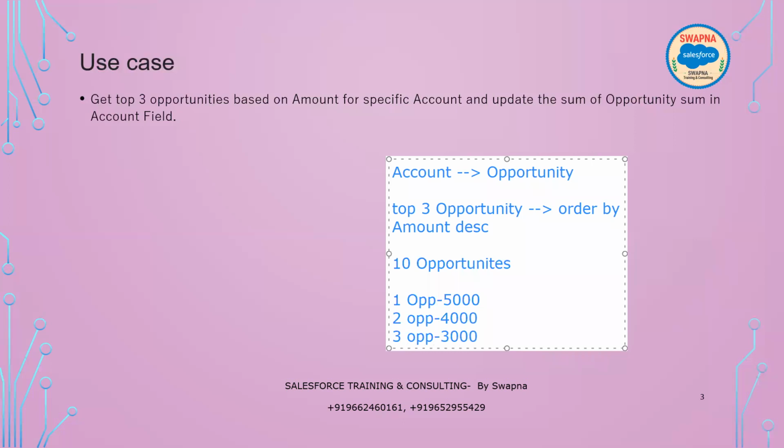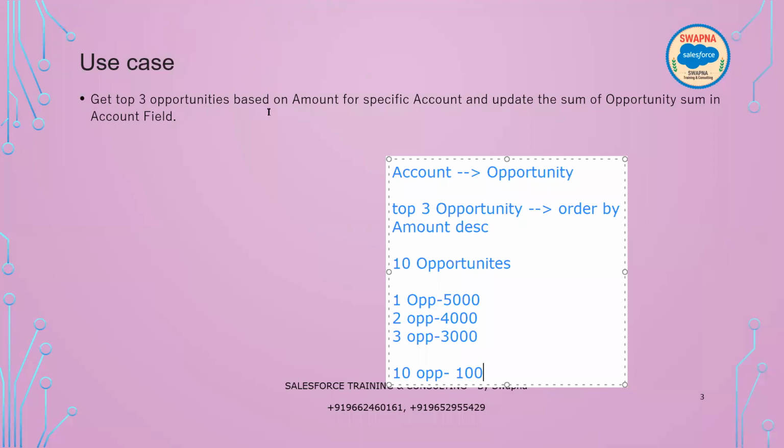Like this, I have till 10 opportunities, and the last one, assume it is $100. So whatever the first 3 opportunities are after descending order is done, that amount I need to calculate. That means the sum of the 3 opportunities.